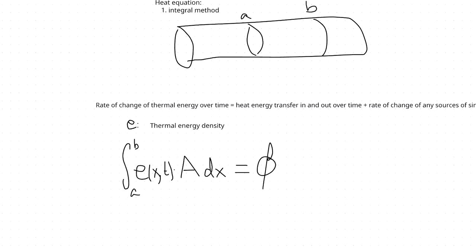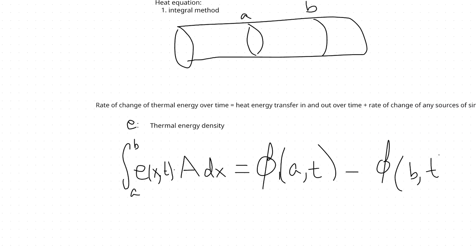Similarly, we can say that this is equal to the flux in, which is the flux at A, comma t, minus the flux out, or the flux at B, comma t, right?